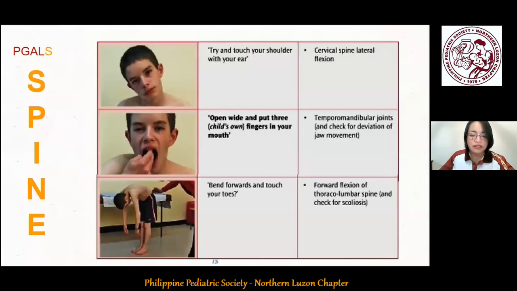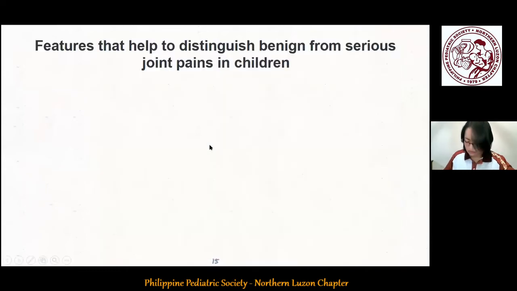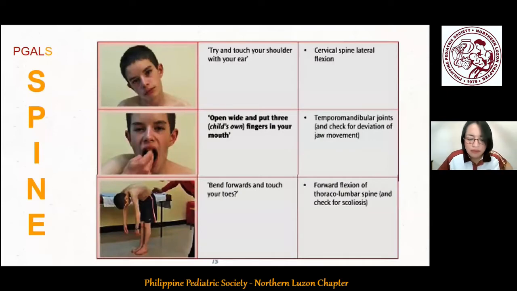Okay. For the spine, we ask the patient to bend forward. So by forward flexion and lateral flexion, the cervical and thoracolumbar spine is assessed for any deviations or limitations in movement. The temporomandibular joint, or the TMJ, is also assessed by letting the child fit 3 fingers into his mouth.